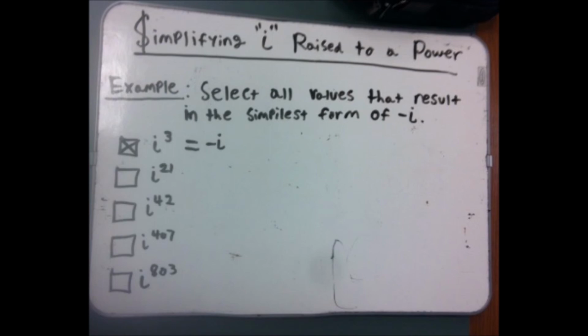So, you have to simplify each answer given. This sounds tedious, but simplifying these expressions will prove to be easy. You should know the values of i raised to the first, second, third, and fourth power already. If the exponent is greater than 4, divide the exponent by 4. Whatever the remainder is, that's your simplified form. Simple as that.